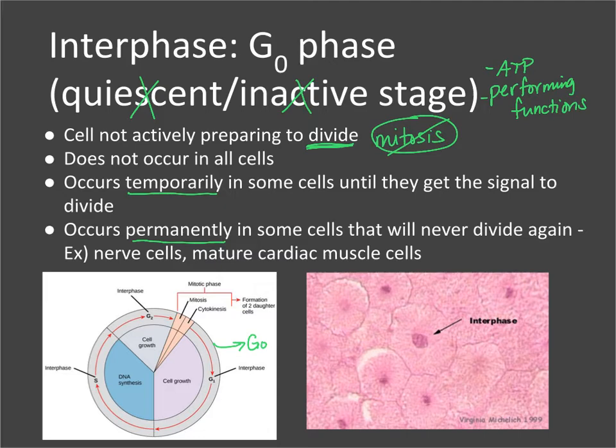And that's true of things like nerve cells and mature cardiac muscle cells. And this is one reason why things like nerve damage and damage to the heart muscle can be so serious, because once these cells are produced and they mature, they don't go through mitosis again, so they can't heal and regenerate. So something like a heart attack will have long-lasting effects because some of the heart function will be lost due to those cells dying.